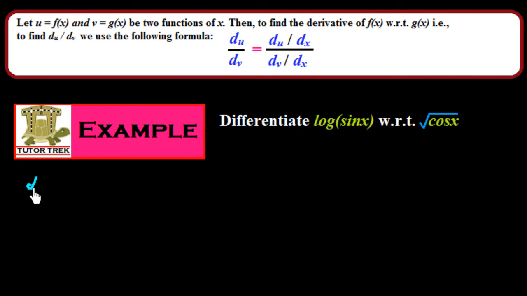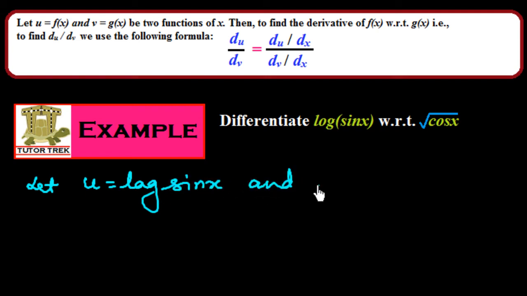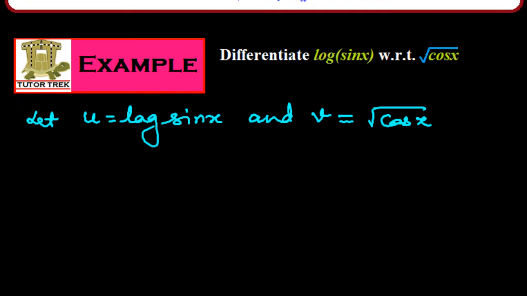So let u is equal to log sin x and v is equal to square root of cos x. First we differentiate u with respect to x, so du over dx in this way. So first we find this.